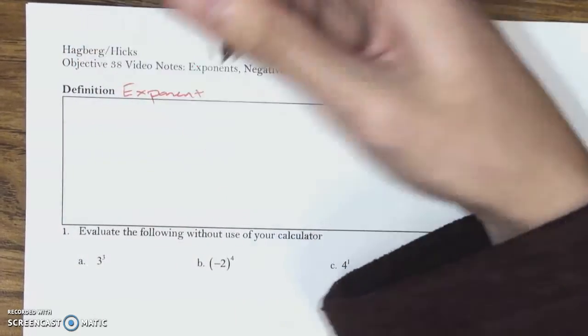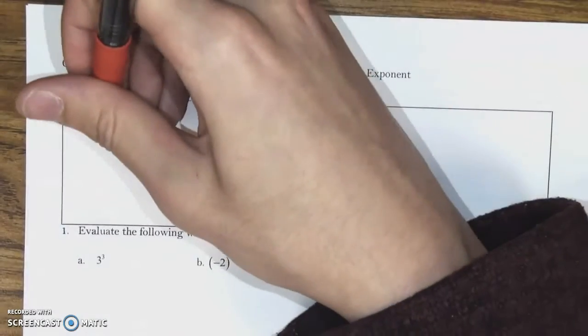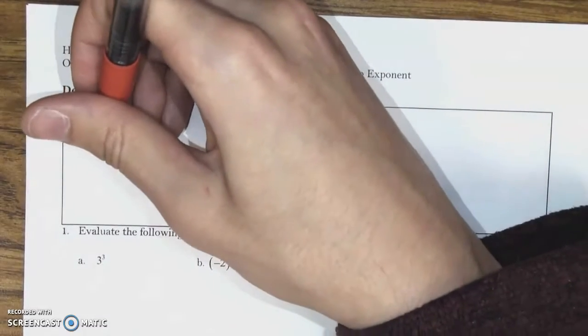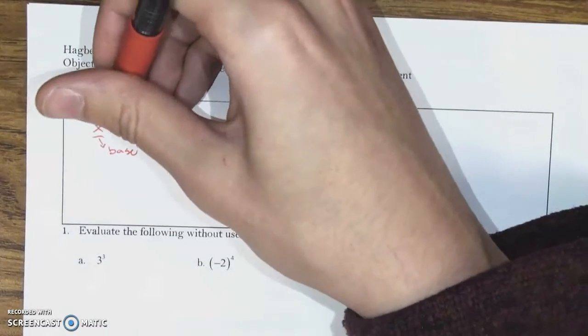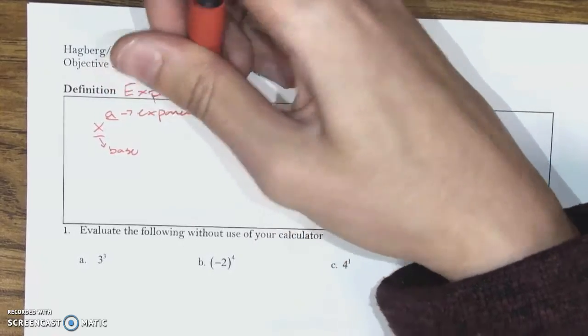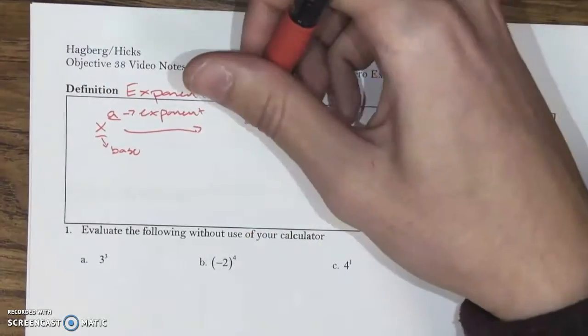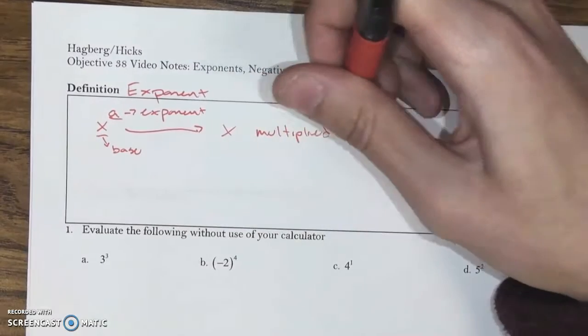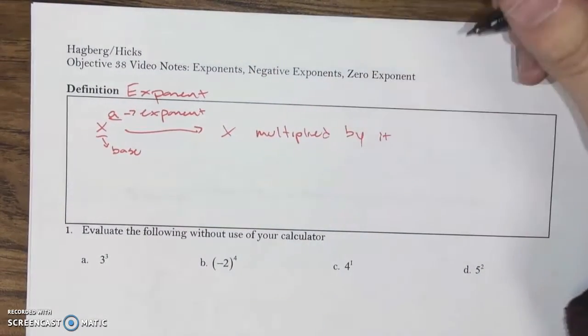An exponent can be written in the form x to the a, where x is the base and a is the exponent. What does that mean? X to the a means x multiplied by itself a times.